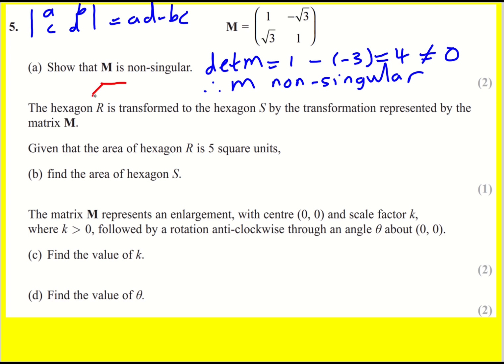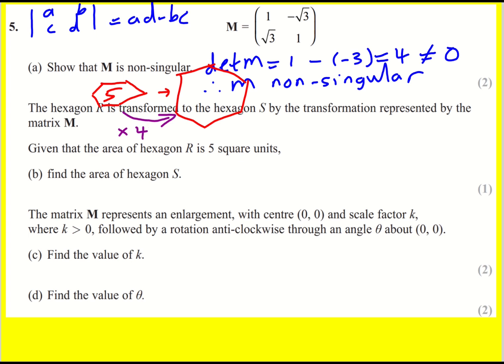The hexagon R, I don't exactly know what it's going to look like, is transformed to the hexagon S by the transformation represented by M. Given that the area of R is 5, find the area of the hexagon S. Now, the determinant, you've got to remember, gives you the scale factor for the enlargement when you multiply the hexagon by this matrix M. So we know the determinant is 4, that becomes our scale factor.